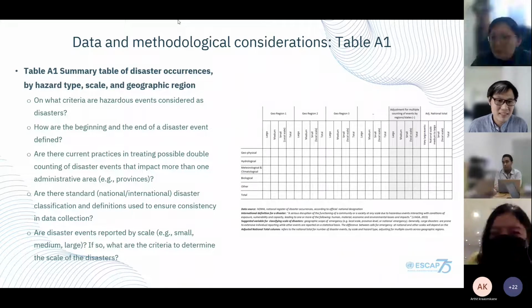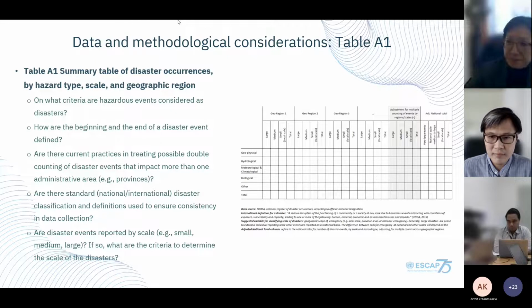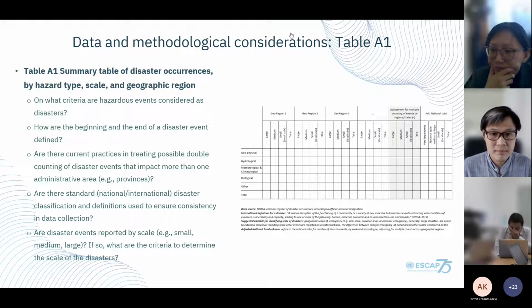Yeah, I just want to add on that in the Maldives, actually, the disaster data is currently very weak. And the double counting will happen, as it's not very much properly maintained at the moment. The NSO is currently not compiling the disaster statistics as such; the disaster management authority is responsible for that, and they do share with us.